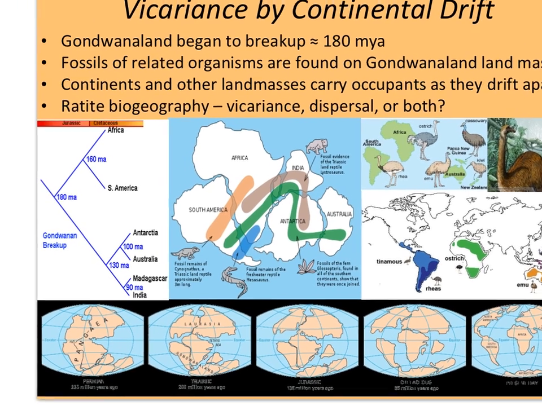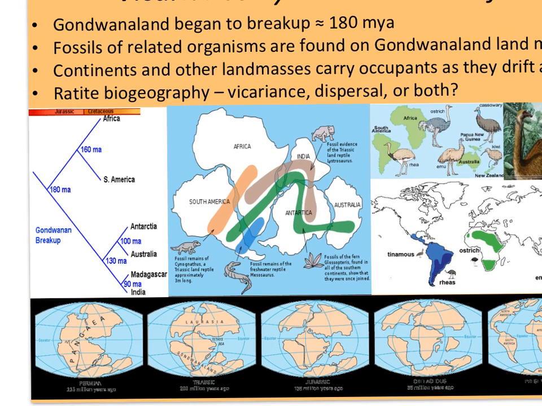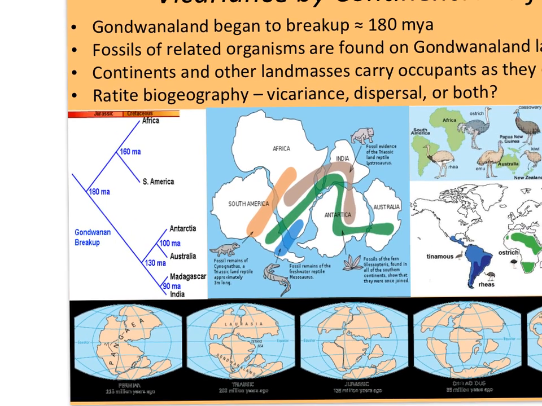So here's a good example. About 350 million years ago, we had Pangaea. It was one large continent. There were two different parts, Laurasia and then Gondwana.